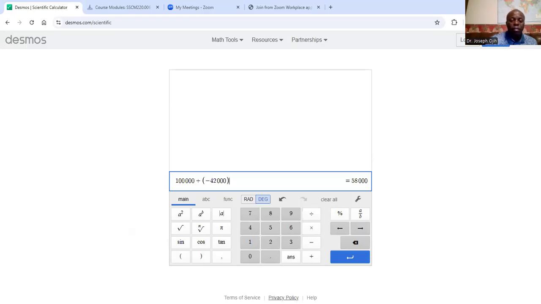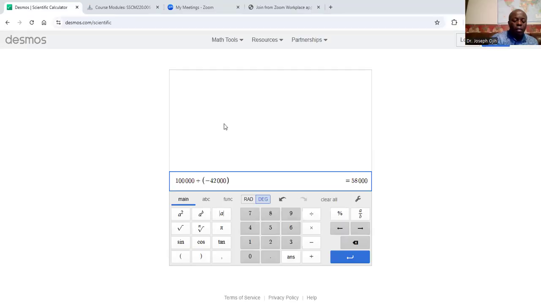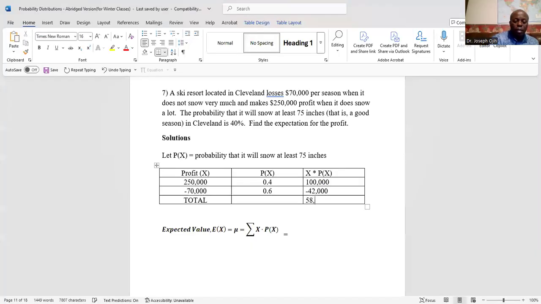So it's a good business. If it's negative, it's a bad business. It is 58,000, so it's a good business. It's positive. So the expected value becomes the sum of x times P(x).